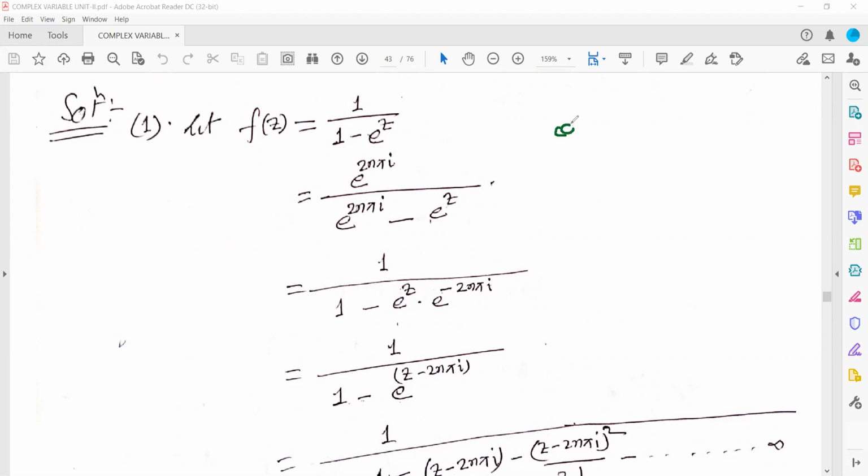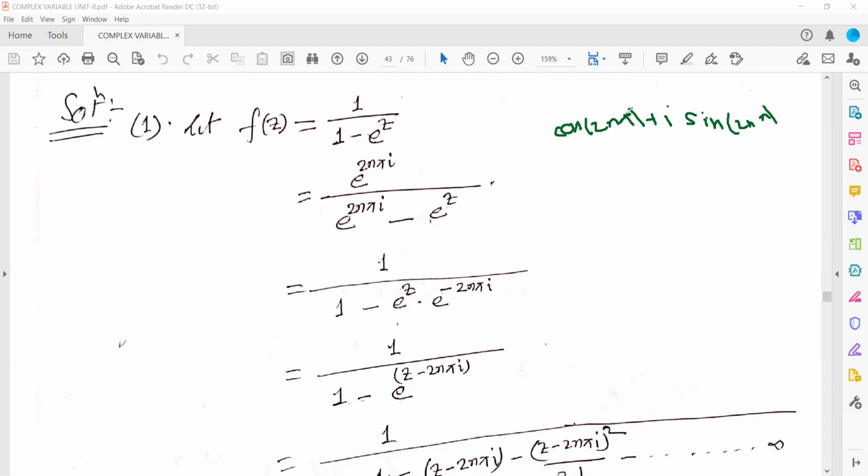So it will be cos of 2n pi plus i sine of 2n pi. Now here n is an integer, a positive integer, so if you go on putting the value of n here.